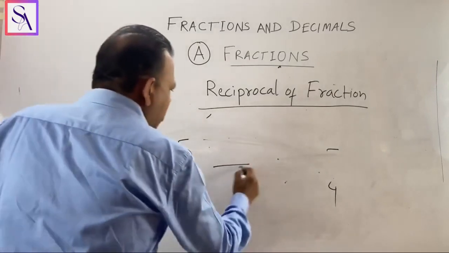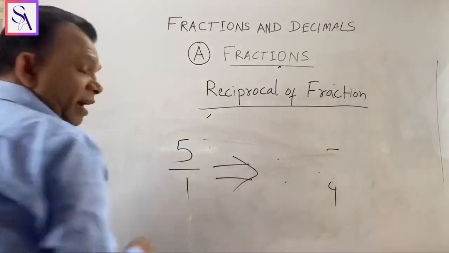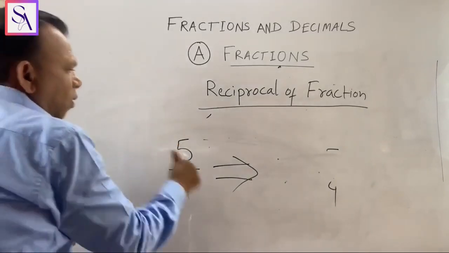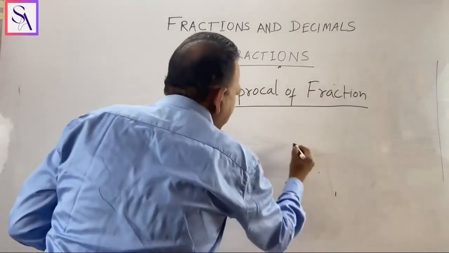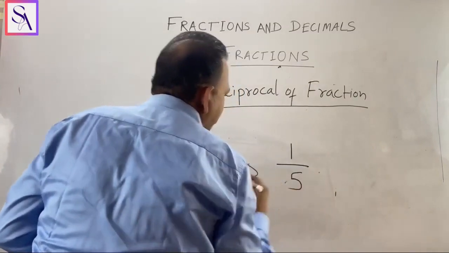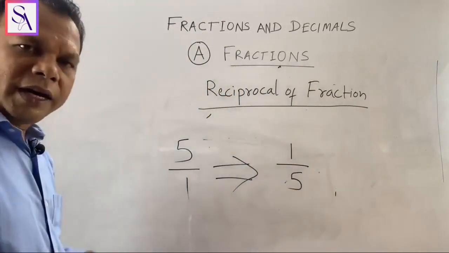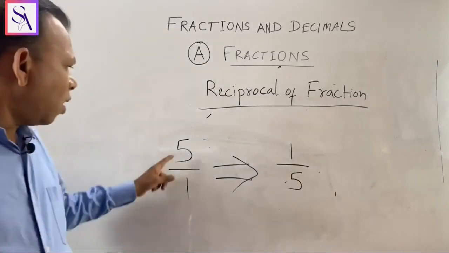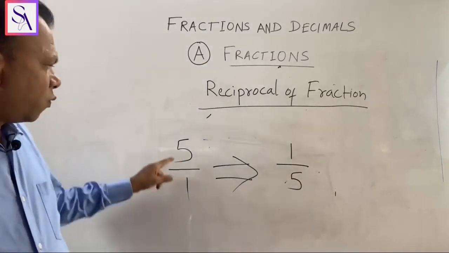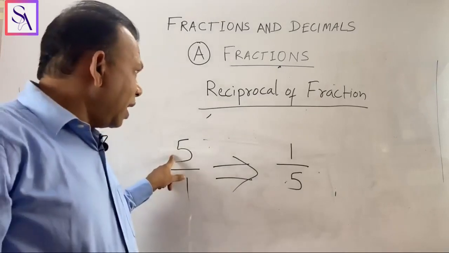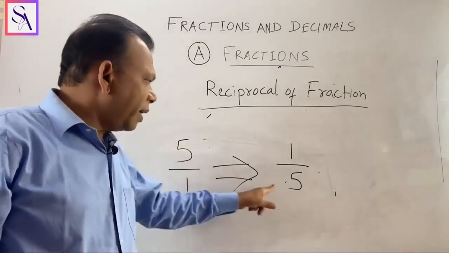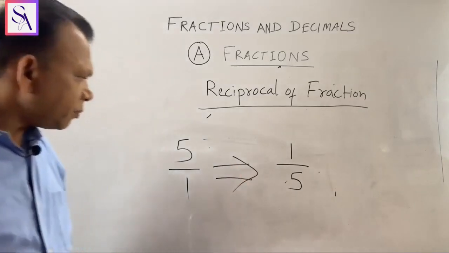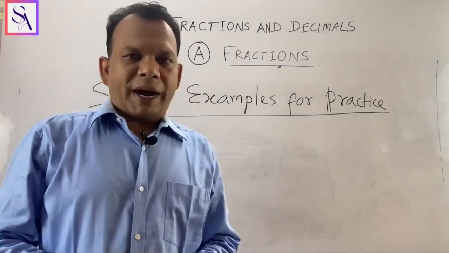If I want to take the reciprocal of it, it will get inverted. 1 will go on the numerator side and 5 will come to the denominator side. So 1 by 5 is the reciprocal of 5. So 5 is a whole number, and after taking its reciprocal it became a fraction. Clear?